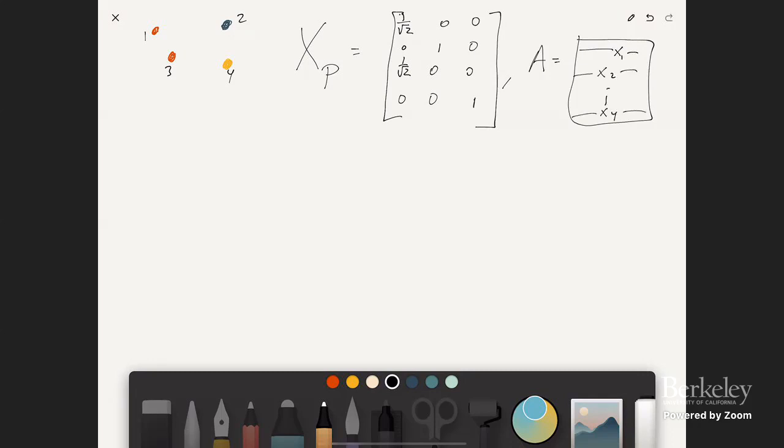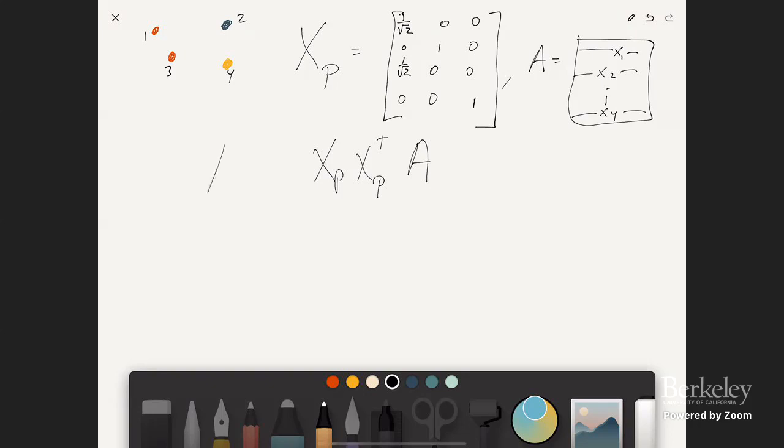Okay. And it's a calculation, but I promise you it's true. First of all, what can you tell me about X_P? It has orthonormal columns. So X_P X_P transpose is an orthogonal projection. And X_P X_P transpose applied to the matrix A basically replaces each row of A with the centroid of its partition.